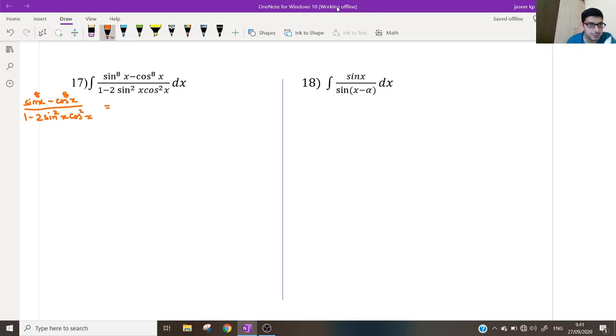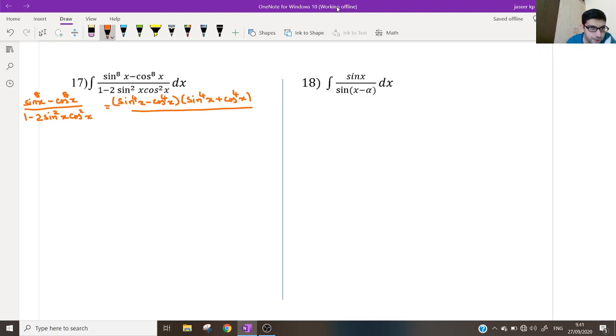So if the numerator is factorized using a square minus b square, it will become sine to the power 4x minus cos to the power 4x, into sine power 4x plus cos power 4x, a square minus b square, a minus b into a plus b.